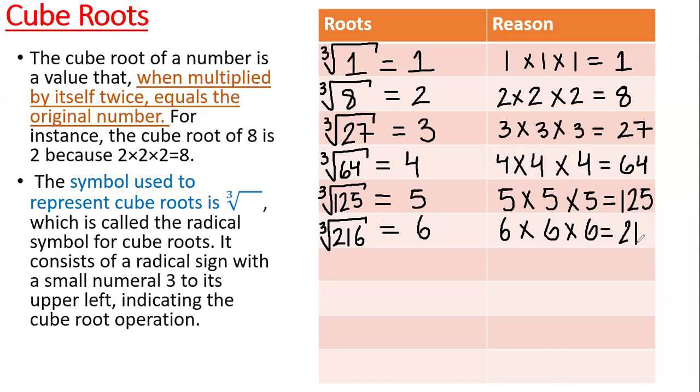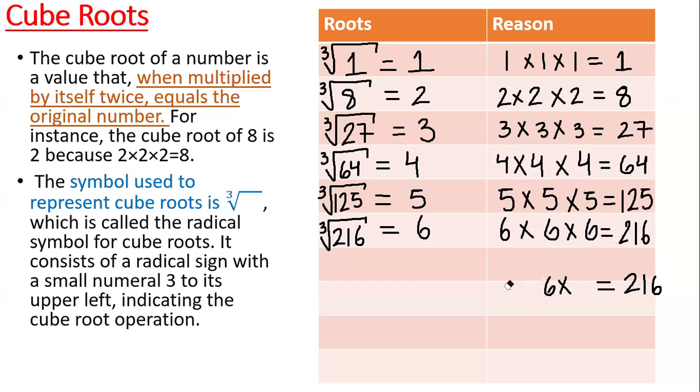We could test that theory: first multiply 6 times 6, which gives us 36. That's the first thing to do. Then take the 36 and multiply it by 6, and that should give us 216. All right, so just think about that later.